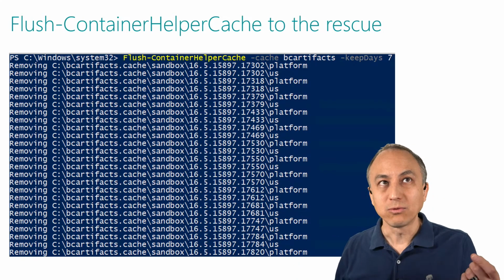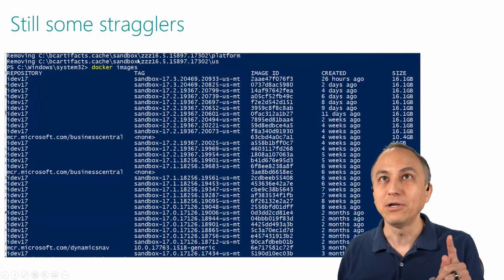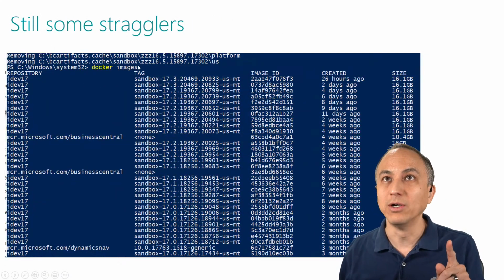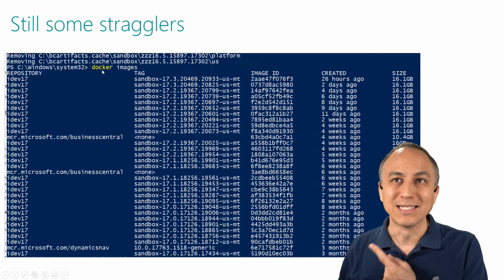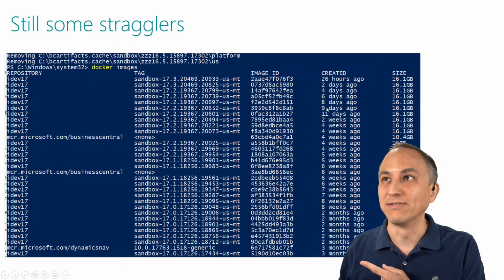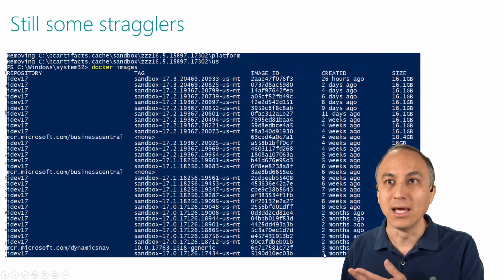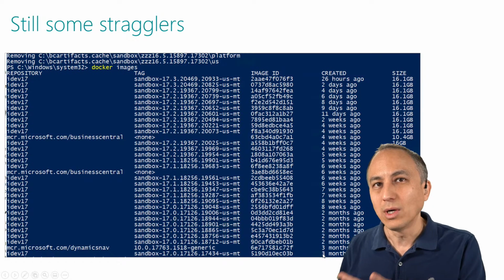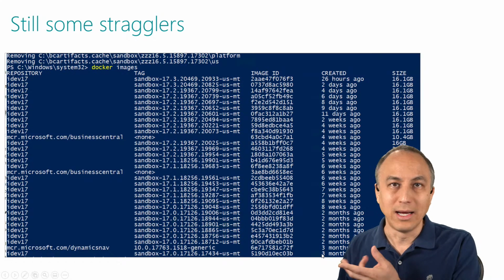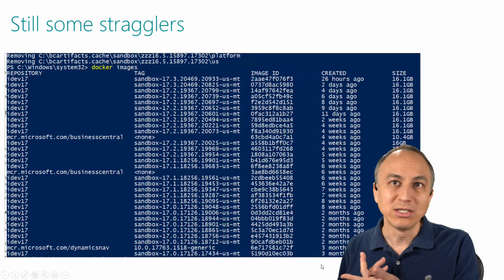It worked well and removed a lot of stuff, but after it was done, I ran Docker images again, and for some reason, I still have old stuff. I have stuff from 8 to 11 days ago, and then I have stuff 2, 4, 6, 7, 8, and months ago. So I'm not quite sure why. I don't understand the mechanics. I just ran it for the first time, but I still have some old stuff.